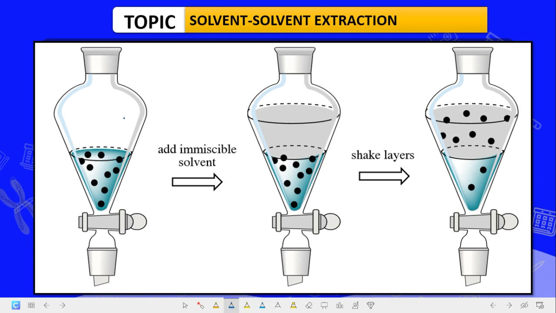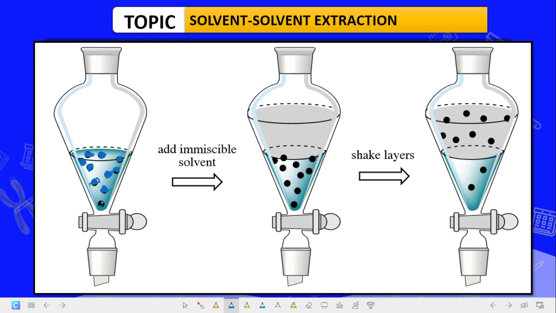Now, in solvent-solvent extraction, the principle is this: let's say this thing is present in this solvent. You can see the solute particles here. All these particles are present in this particular solvent. And then you want to separate them out. How do you do that?